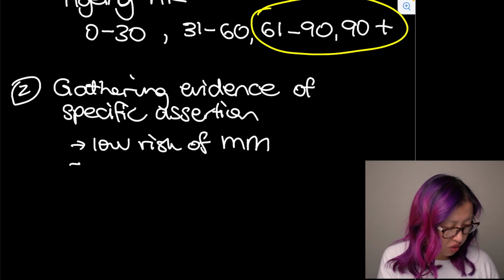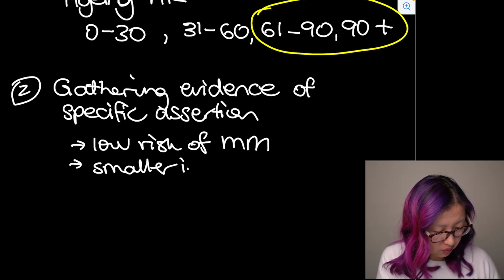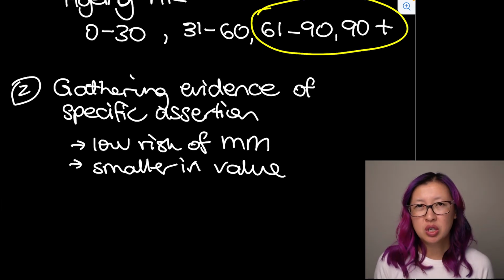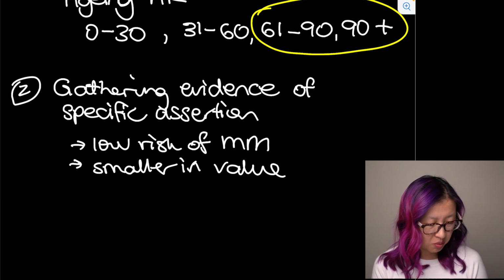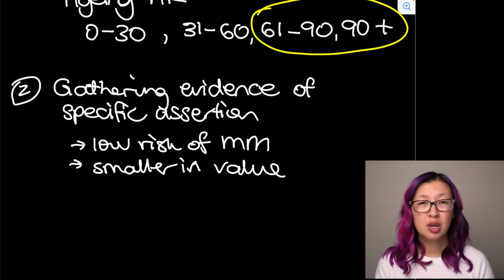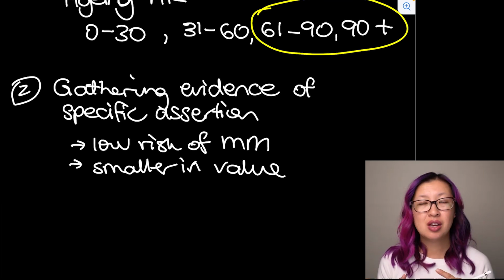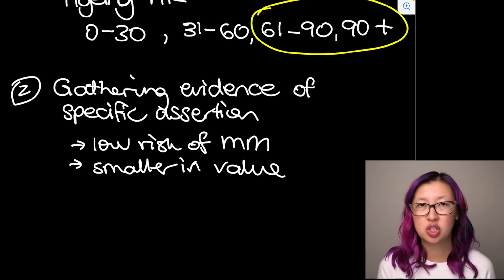An account that might be smaller in value. So where you have a lower risk and you think that, oh, look, there's not likely to be many material misstatements, the account is smaller in value, you might do a set of analytical procedures that analyzes a whole lot of data to help you figure out whether valuation of depreciation looks okay.